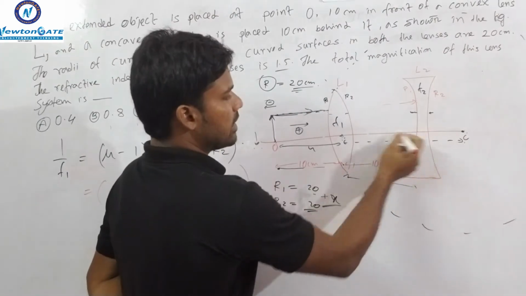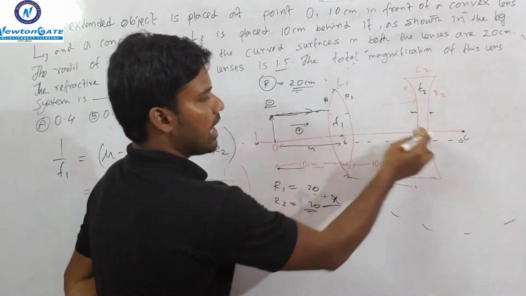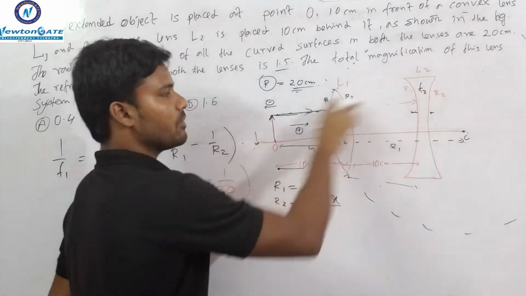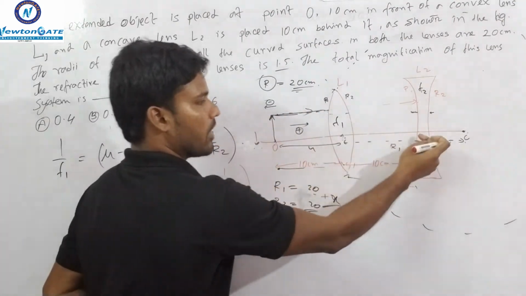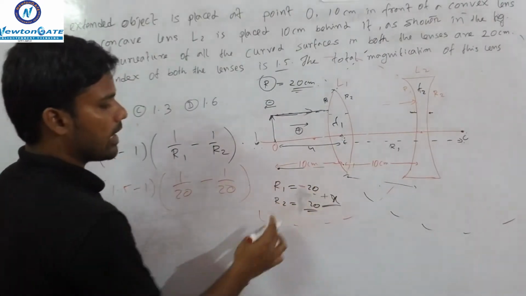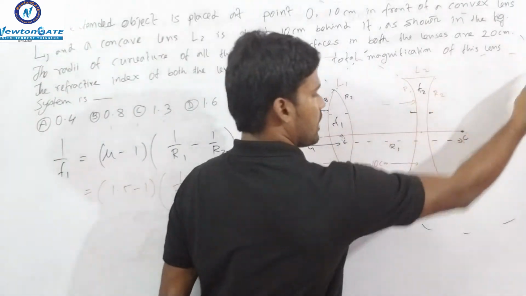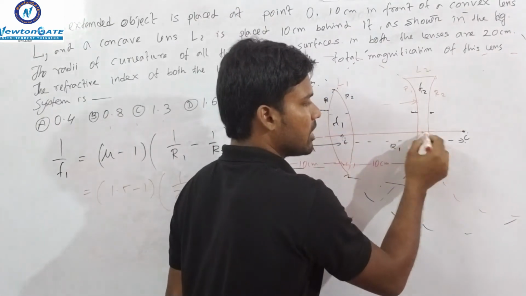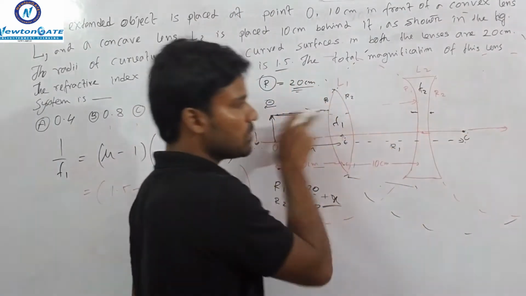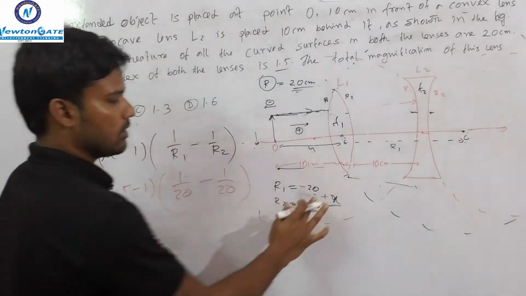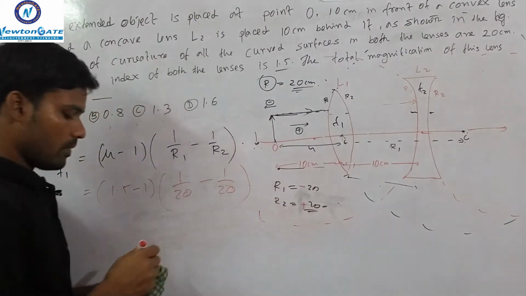For R1, the center of curvature is on this side, and we measure from the center in the direction opposite to the light, so R1 is negative. For R2, the circle is on the other side and the length is measured in the direction of the light, so R2 is positive. Clear?